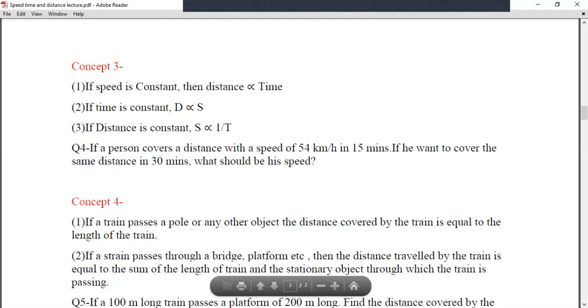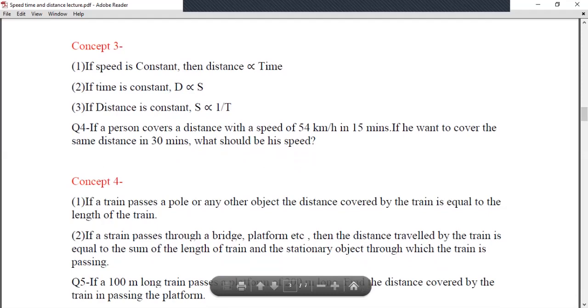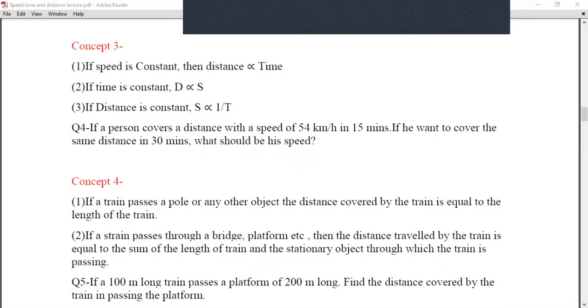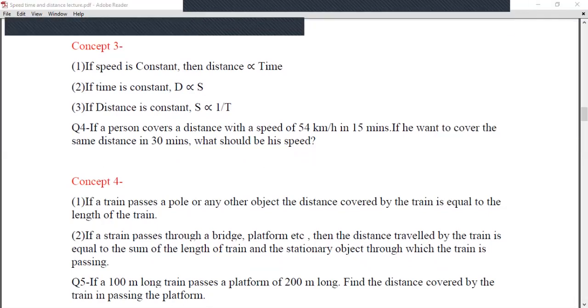So concept 3. Here we have some relations. In concept 3, if speed is constant, then distance is proportional to time. And if time is constant, then distance is proportional to speed. You have to remember this.